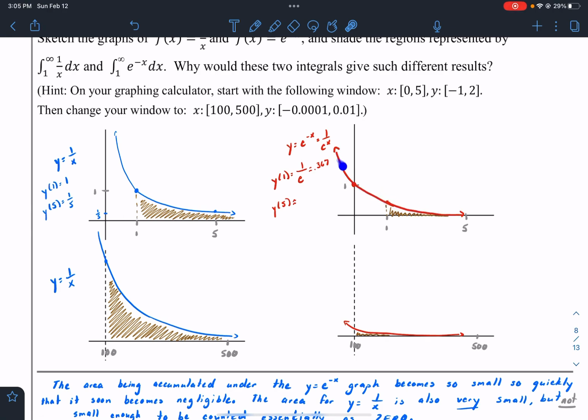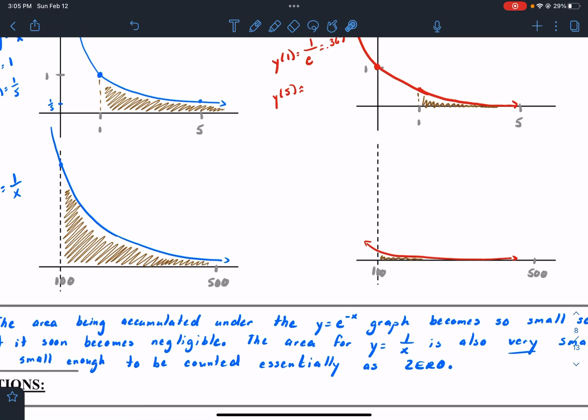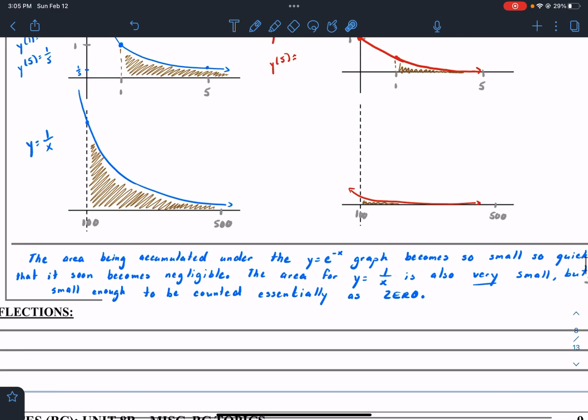I can tell that the e to the negative x is going to get closer to the x-axis, but where it really comes into play is when I zoom in and I have a really small y-axis. So this is from 1 to 500, but I've got a really small y-axis here, so the highest point is going to be 0.01, and that's the difference in these graphs. You can have measurable area where this brown is, where here under the red, that area is not measurable. It is that close to 0. So this is all very abstract.